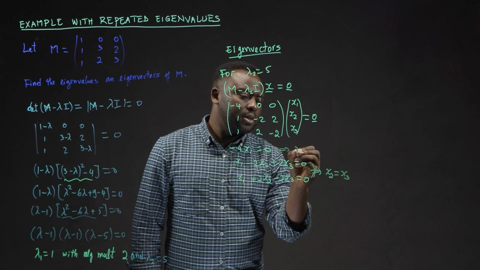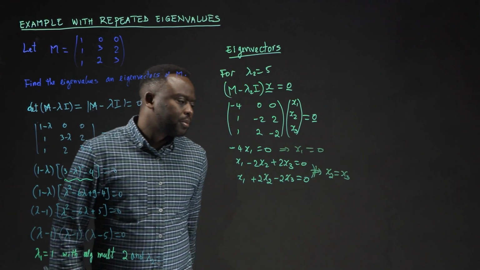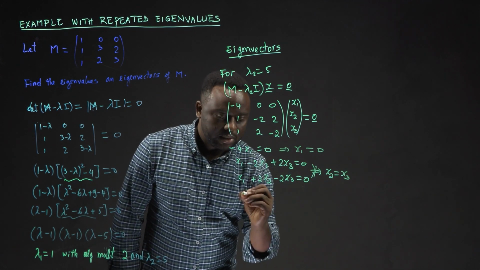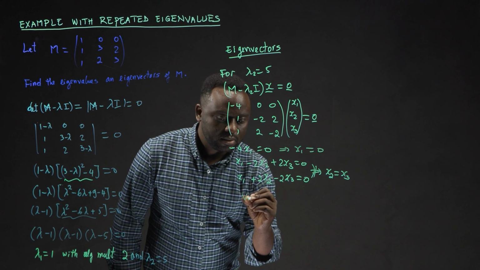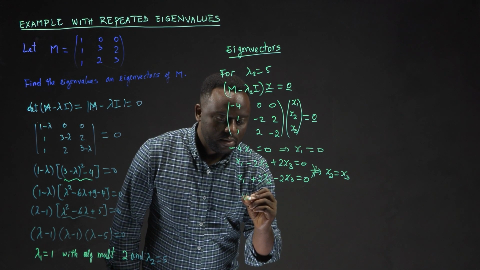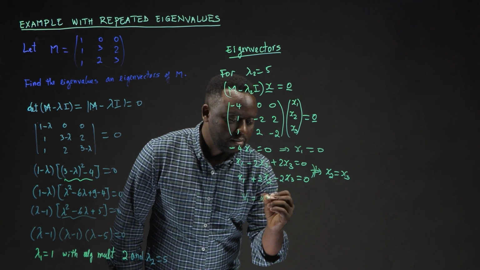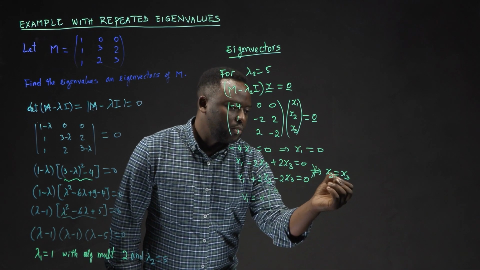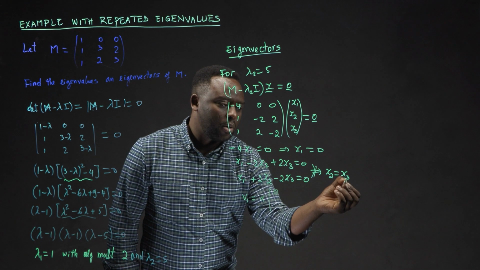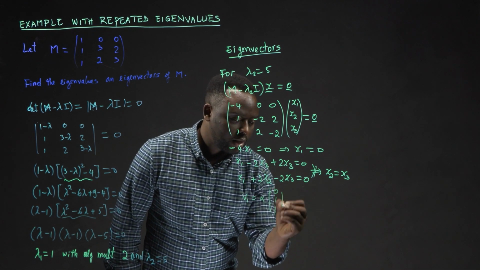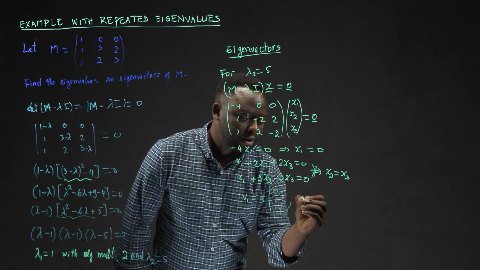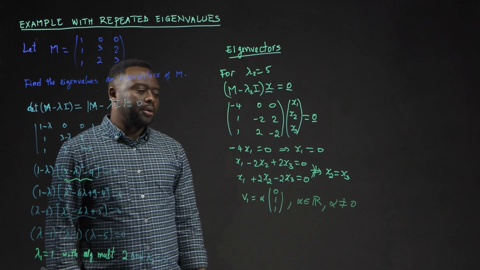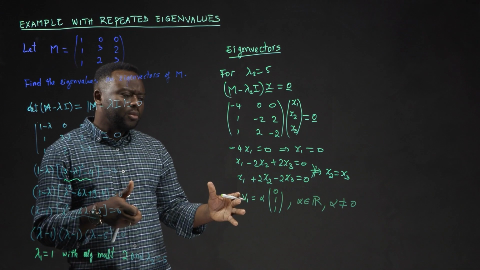Then we fix x2 and we choose x3. Let's call it v1. v1 is alpha times (0, 1, 1): if you fix x3 equal to 1, then x2 is also 1. Here alpha is in R, and alpha must be different from 0. This is what we have for the first one.